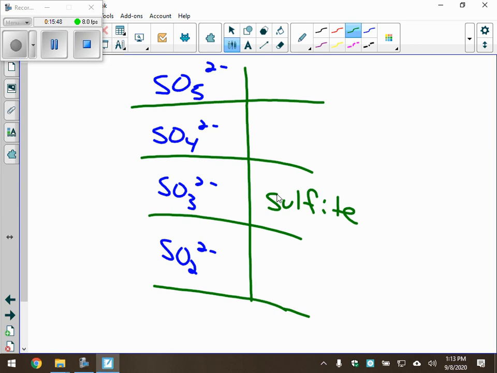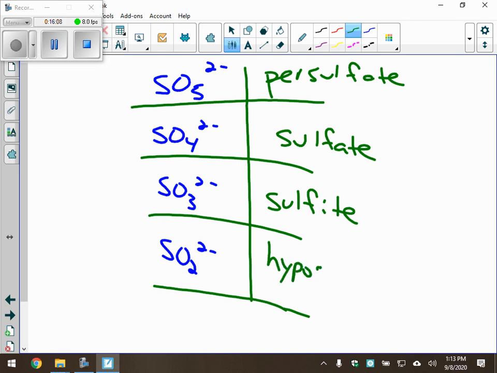So if that's sulfate, one more oxygen than sulfate has to be persulfate. And likewise at the bottom, if that's sulfite, this has to be hyposulfite. Good? Always follows that same pattern.